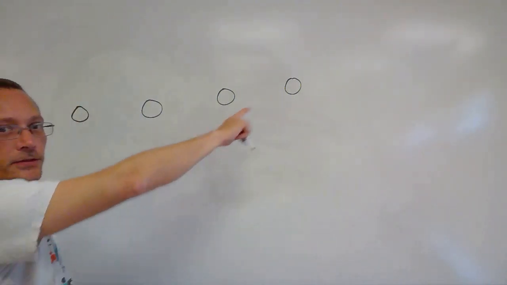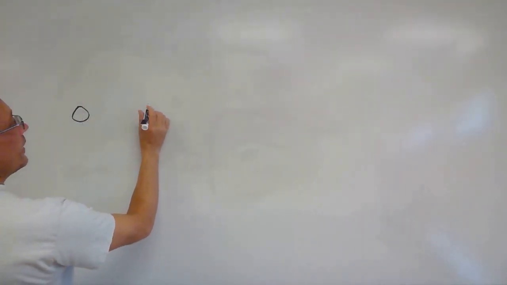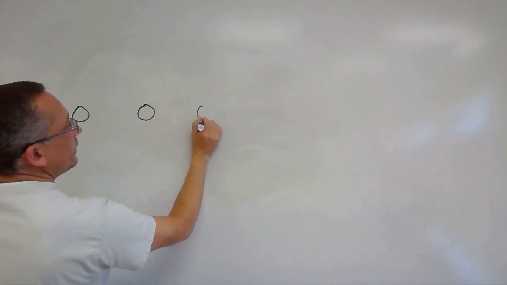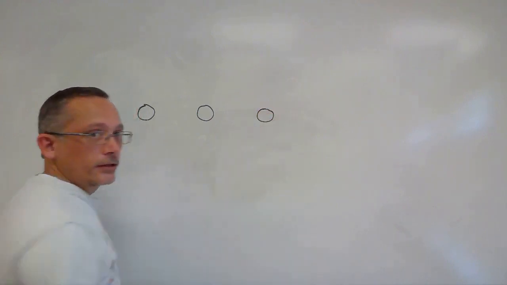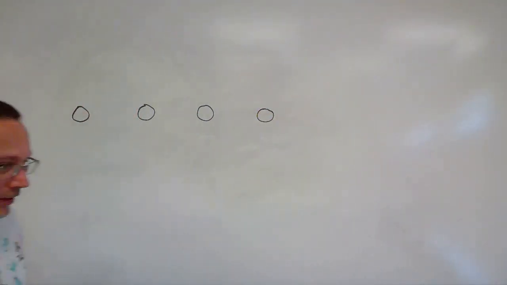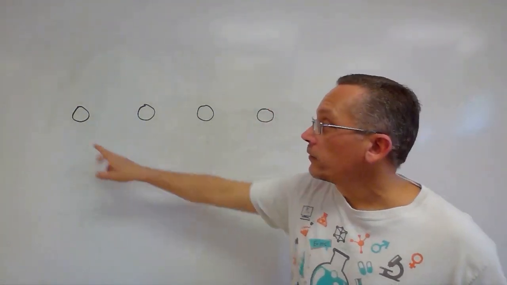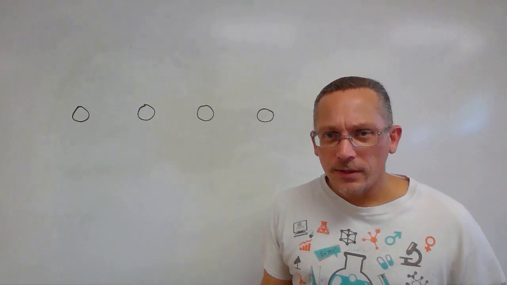Let me try to make it a little more straight. So I have a ball rolling along the floor. It starts out here, then it's here, then here, then here. How do I talk about its motion?